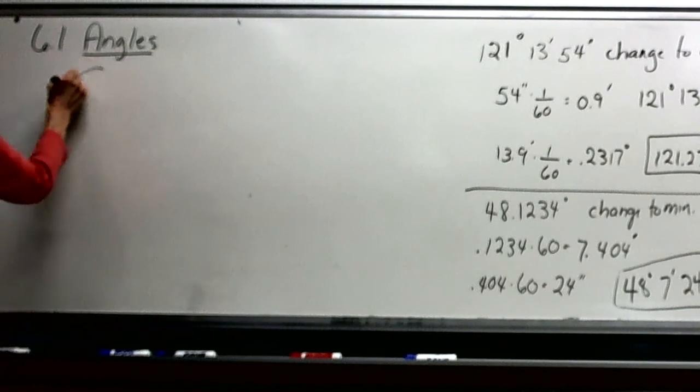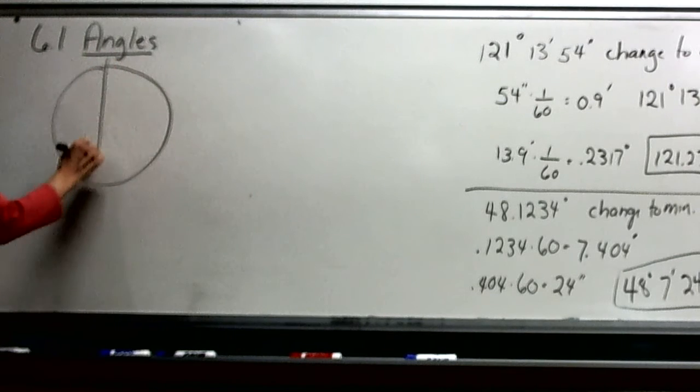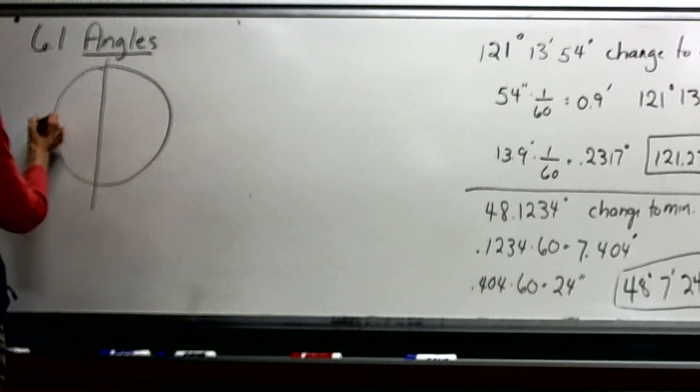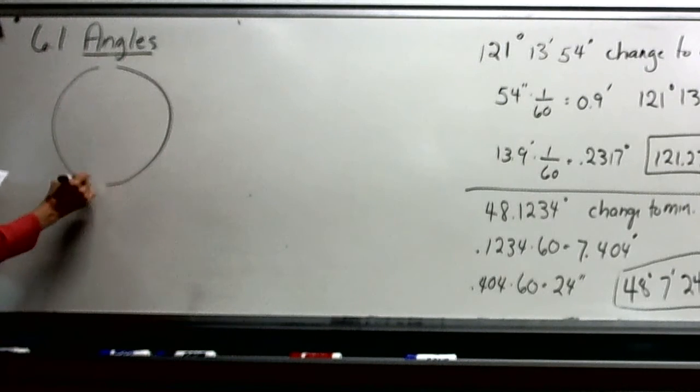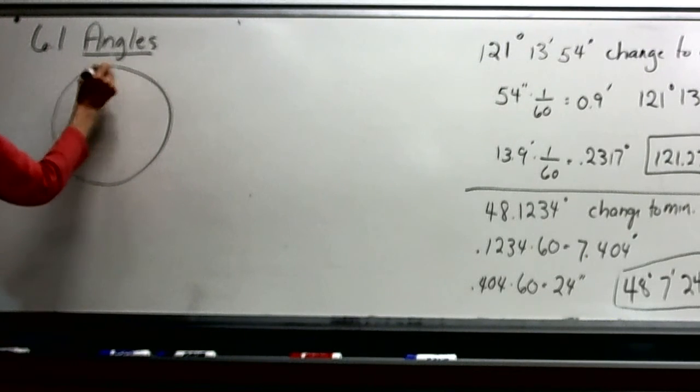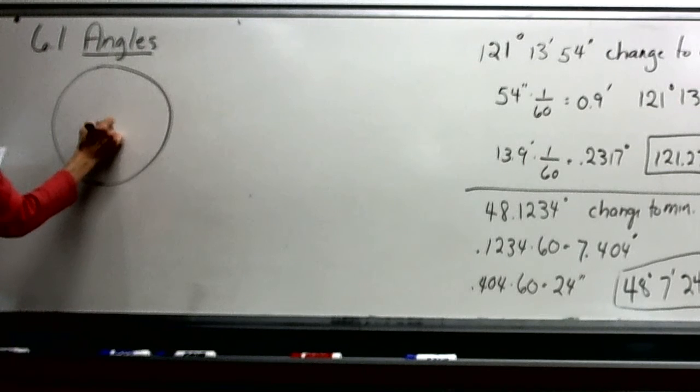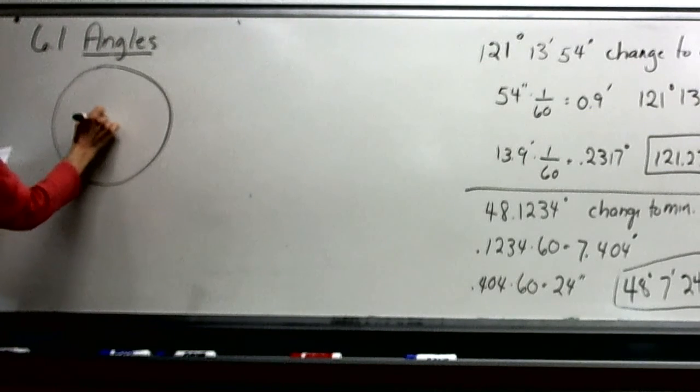Here's a picture of a circle once again. We'll just make it a circle and draw a central angle of size theta.